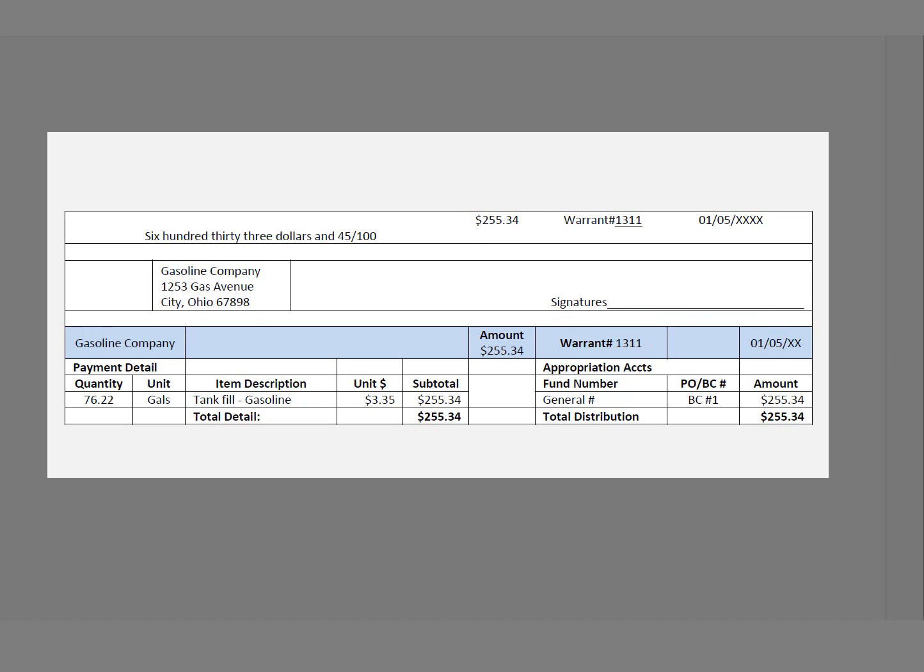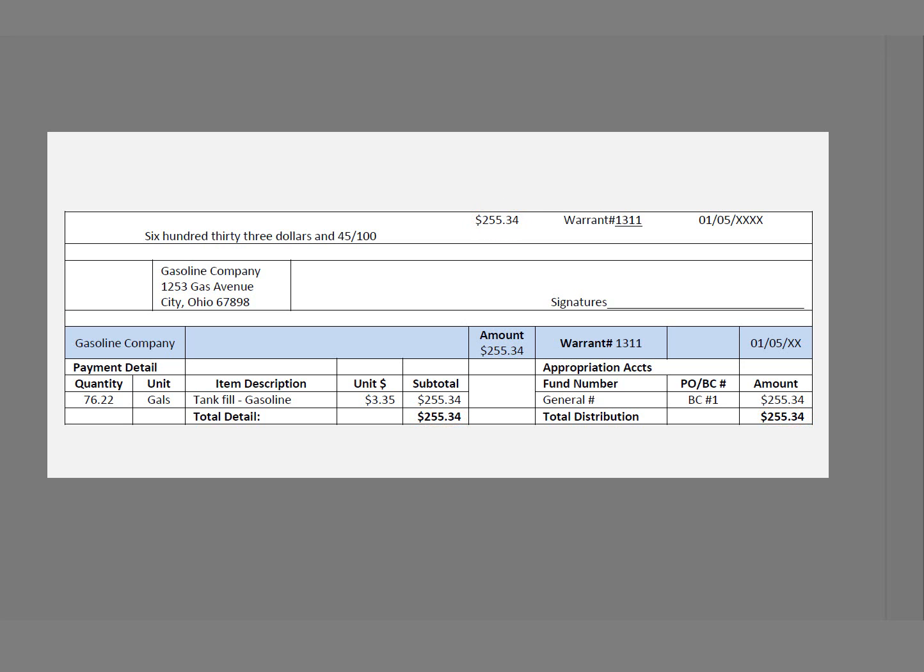And the final warrant, number 1311, to Gasoline Company for fuel delivery, shows the payment details listing what was purchased, and the payment distribution allocating the payment by fund and purchase order. The payment, total detail, and total distribution must be the same amount.